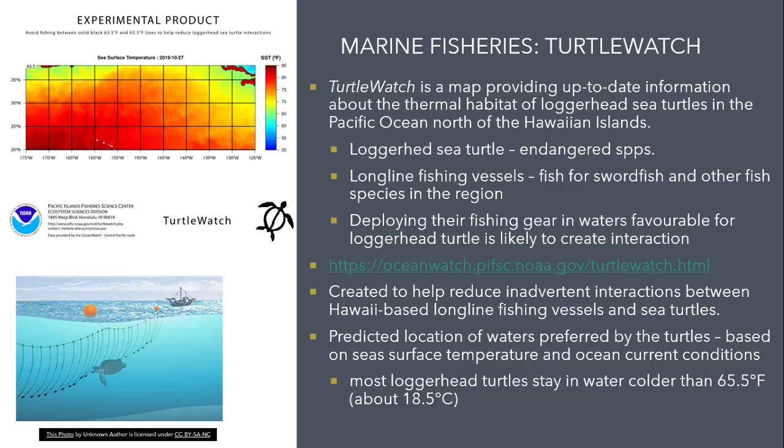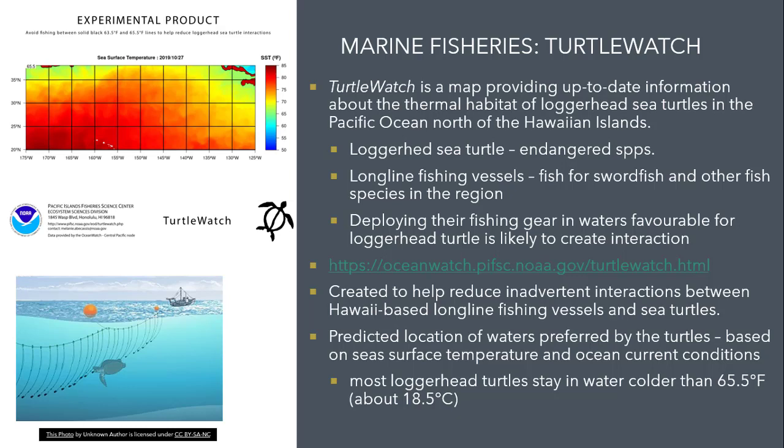Let's start with the example of Turtle Watch. This is an example of a map that provides up-to-date information about the thermal habitat of loggerhead sea turtles. These sea turtles are endangered species in the northern part of the Pacific Ocean, close to the Hawaiian Islands.